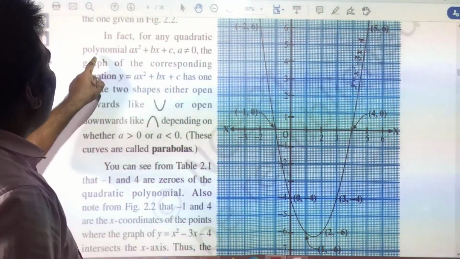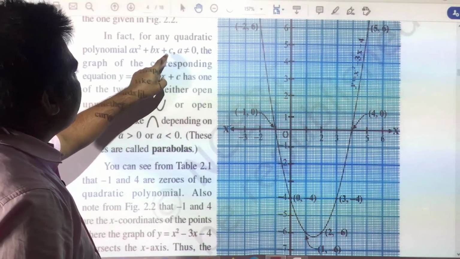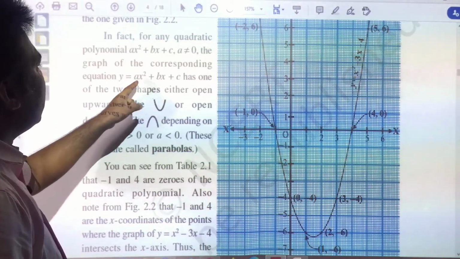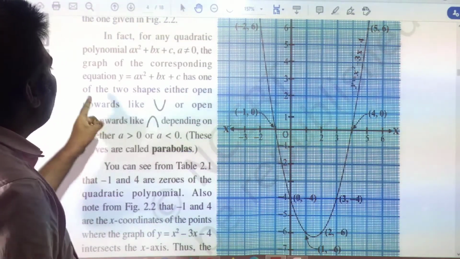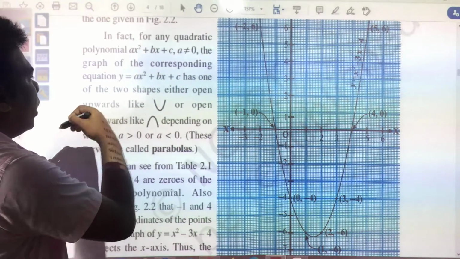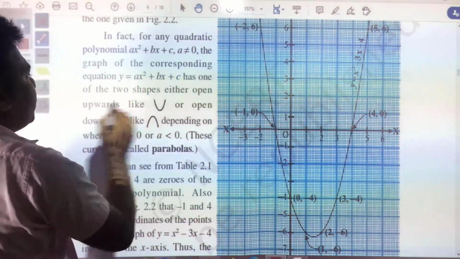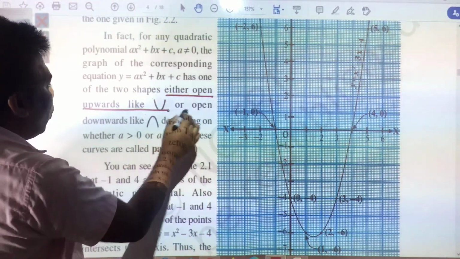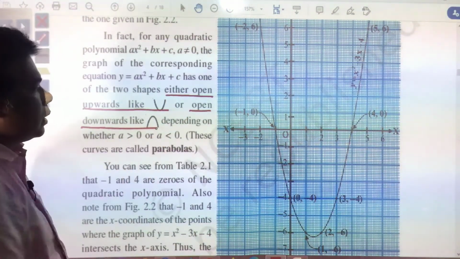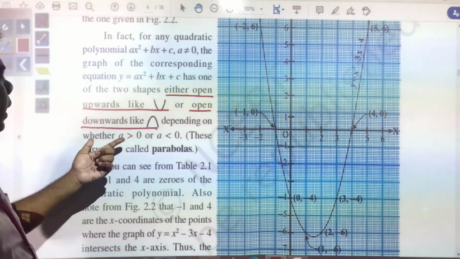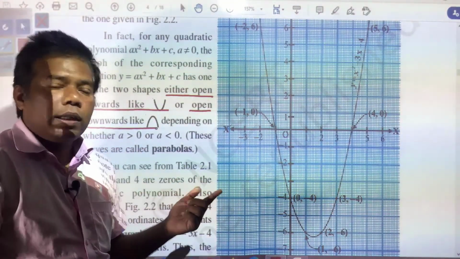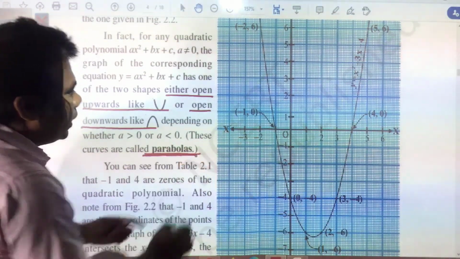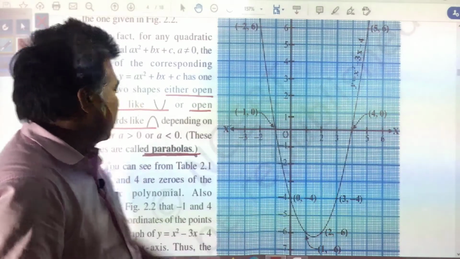In fact, for any quadratic polynomial ax square plus bx plus c, a is not equal to 0, the graph of the corresponding equation y is equal to ax square plus bx plus c has one of two shapes, either open upwards like this or open downwards like this, depending on whether a is greater than 0 or a is lesser than 0. These curves are called parabolas. You remember, these curves are called parabolas.